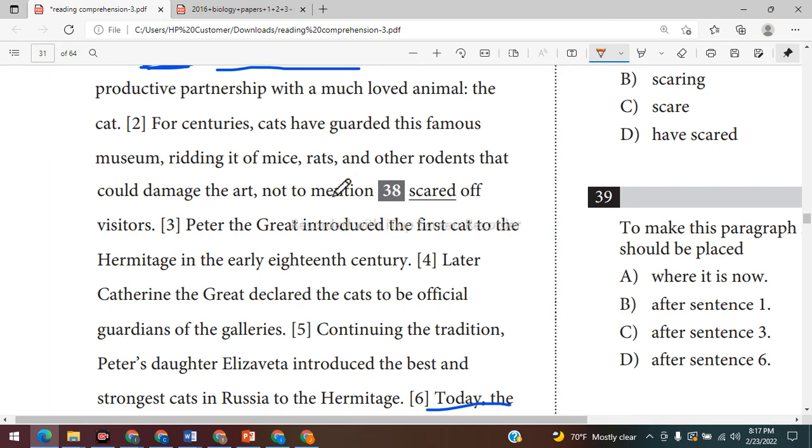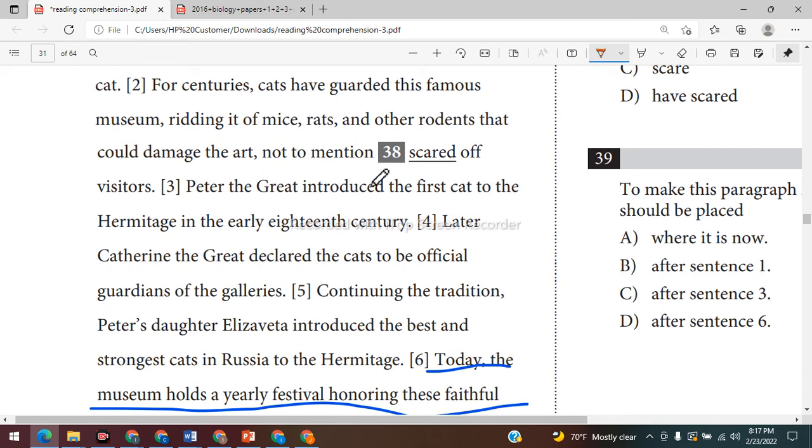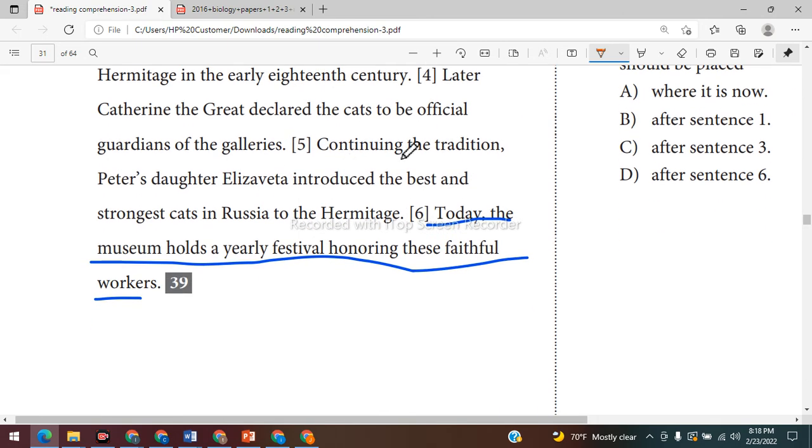Peter the Great introduced the first cat to the Hermitage in the early 18th century. Later, Catherine the Great declared the cats to be the official guardians of the galleries. Continuing the tradition, Peter's daughter, Elizaveta, introduced the best and strongest cats in Russia to the Hermitage.